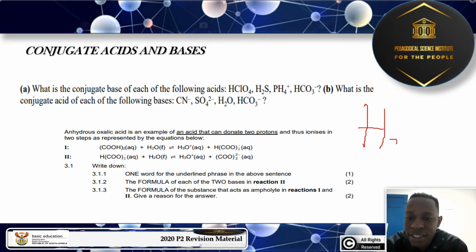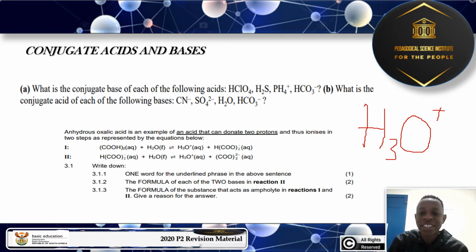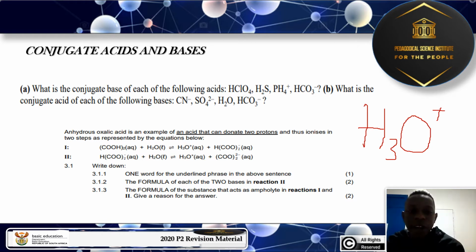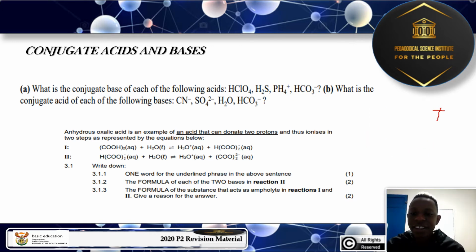H2O now acts as a base. So we are going to have H3O, and we know this thing. What is it? Hydronium, which means we are going to have a plus over here.